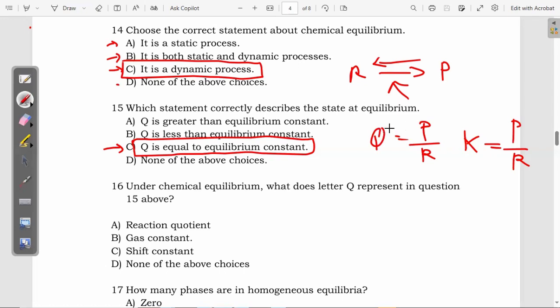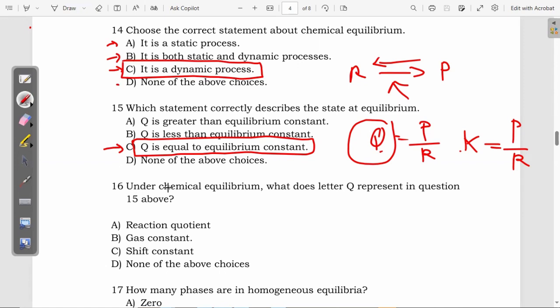The reaction quotient can be the ratio of the product and the reactant at any time while the reaction is happening. But the equilibrium constant has to be the ratio of the product and the reactant at equilibrium and nowhere else. So if these two are equal, it means that the reaction is at equilibrium. So we choose C there as the correct answer.